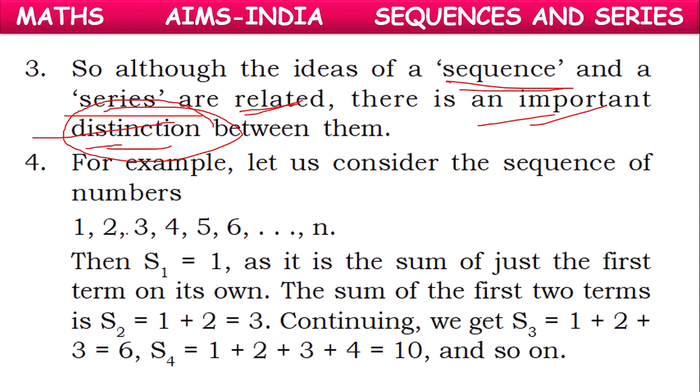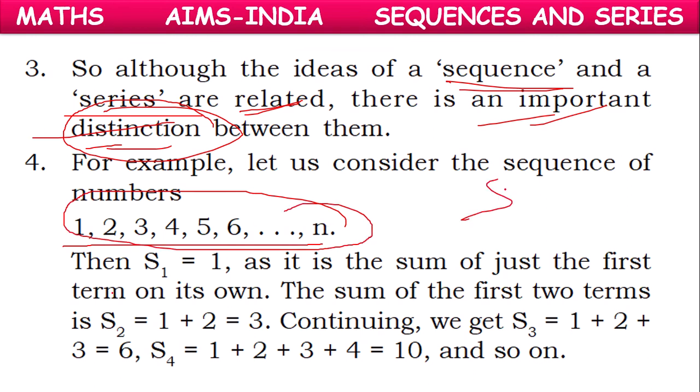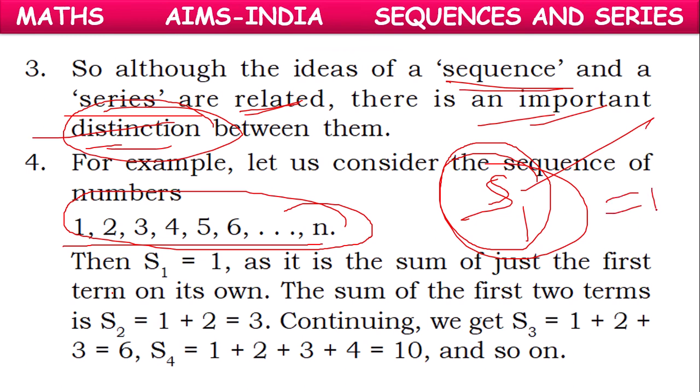For example, if you have a sequence 1, 2, 3, 4, 5, 6 up to n. So this is the sequence. S1 means the sum of the terms up to the first term, only one term will be considered in the case of S1. So the S1 value equals 1.